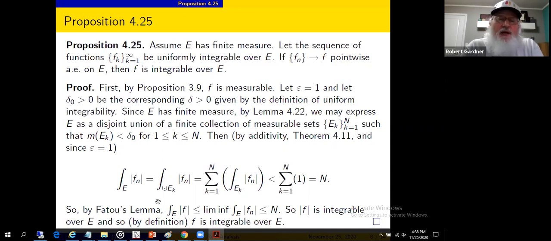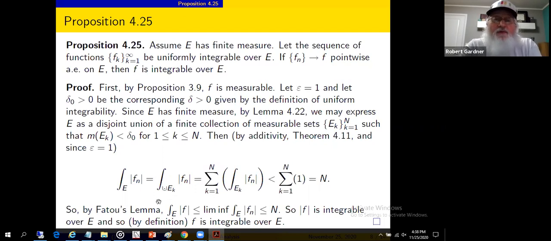Fatou's lemma applies to tell us, so we don't necessarily have convergence. Right, we've gone through the f sub n's. Well, we do have pointwise convergence. We're applying Fatou's lemma, so we need to take some limits. The integral over E of the absolute value of f is less than or equal to the lim inf of the integral over E of the f sub n's.